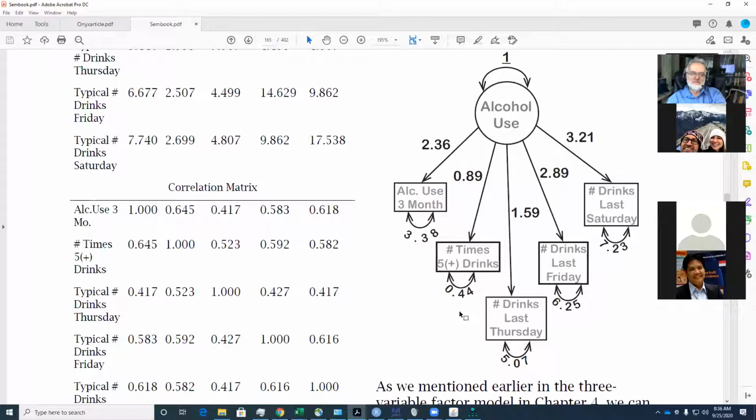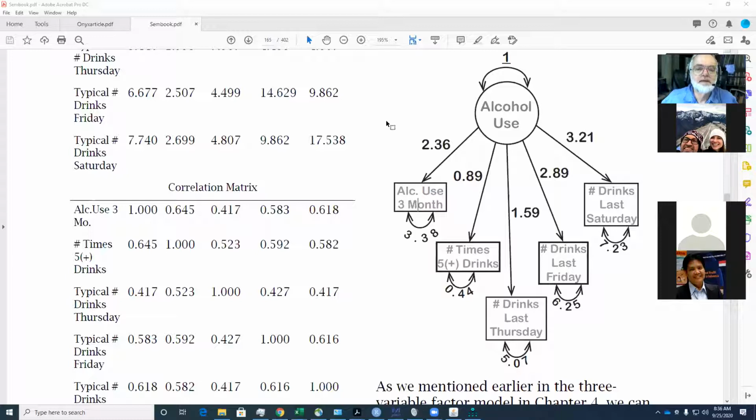Now, if we were in the face-to-face world, I would have someone come up to the class and point and make the trips, but we'll do it slowly here. What does this diagram say about the variance of 3-month alcohol use? Well, it's going to be all the trips that start and end here. So, oh, I have a chat comment.